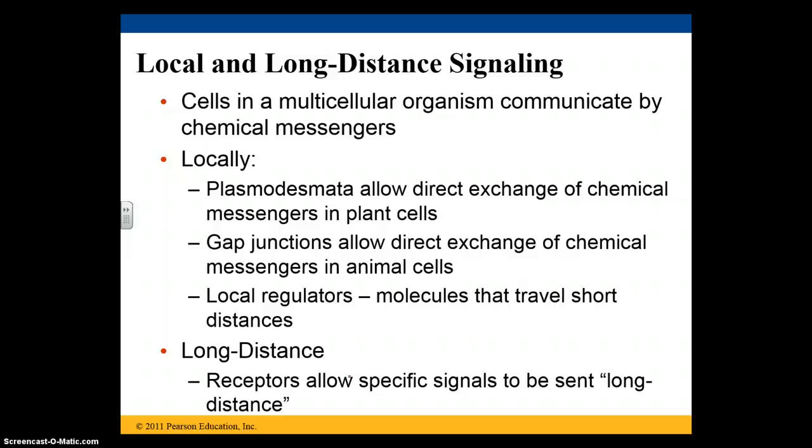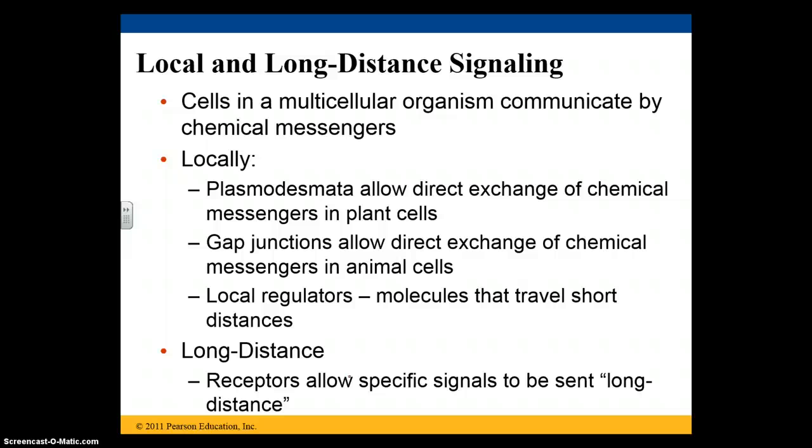There are different types of junctions between animal cells, and one of them is called a gap junction, and that will allow direct exchange of chemical messengers. And then we also have local regulators, which can be secreted by glands or cells of glands, and they're only going to travel short distances.